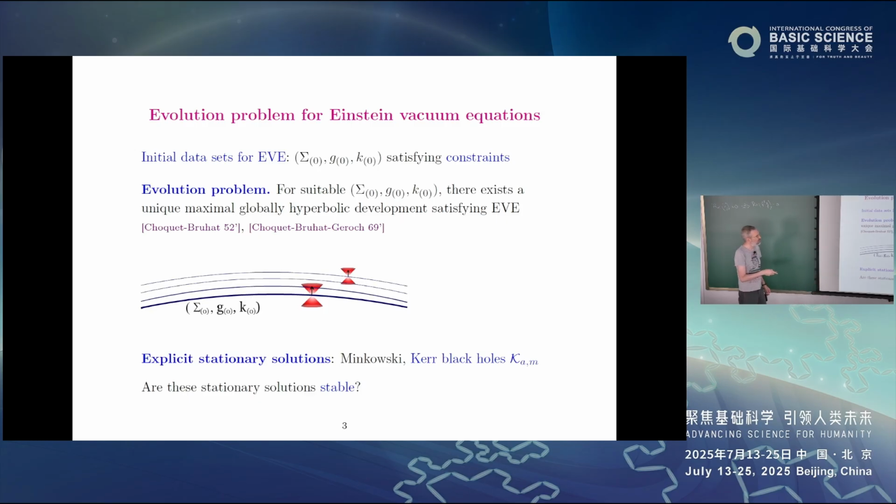Then for any suitable initial data set, there exists a unique maximal solution. In the jargon of general relativity, this maximal solution is called a maximal globally hyperbolic development of the Einstein vacuum equations. In fact, it's a terminology that goes back to the work of Jean Leray.